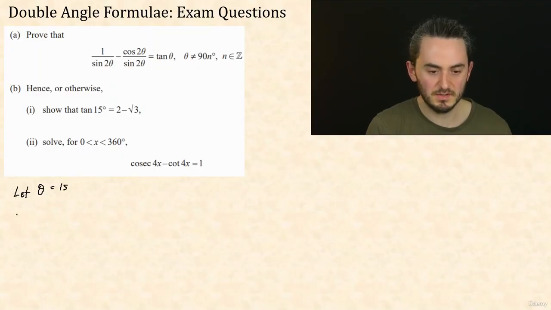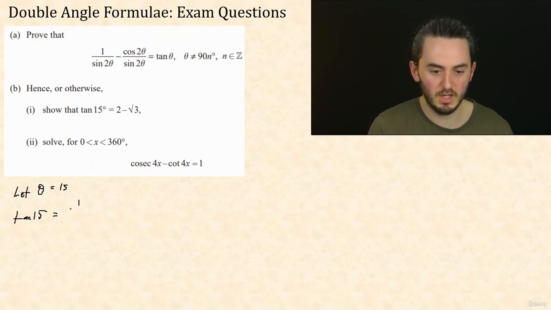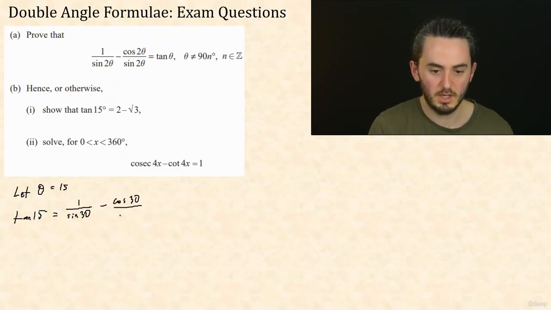So that means that tan of 15 is equal to, and all I need to do is go through this side, replacing theta with 15. So that's 1 over sine of 30, it's 2 times 15, minus cos of 30 over sine of 30. Okay, so what is this?